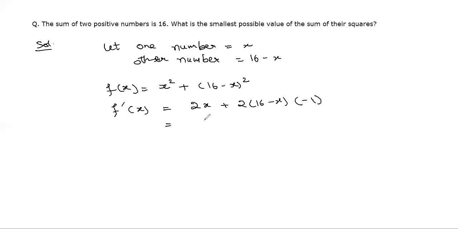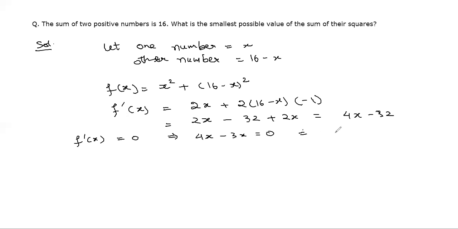It can further be simplified as 2x minus 32 plus 2x, or finally 4x minus 32. Now if we apply the first order condition, equating the first derivative to 0, we will get our critical point. So 4x minus 32 equals 0, which gives me x equals 8.